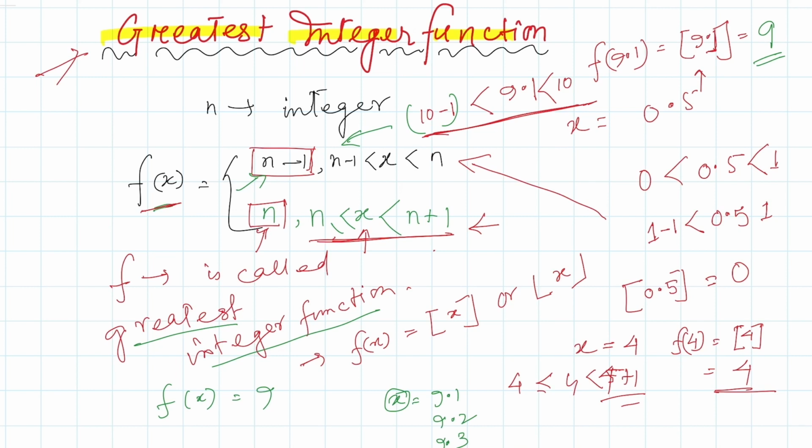F of 9.1, 9.2, this one. Now you see, if x is equal to an integer, that is 9, then also it will be 9. So hope you have understood what the greatest integer function is.